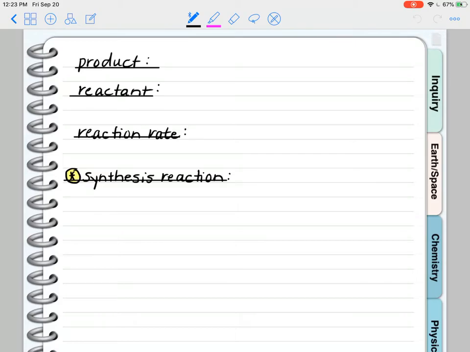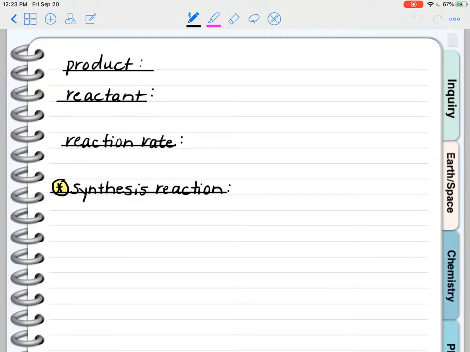Okay, the next word is products. And this is the end result of a reaction. So when we do our formula in just a minute, it's going to be the end result of the reaction.